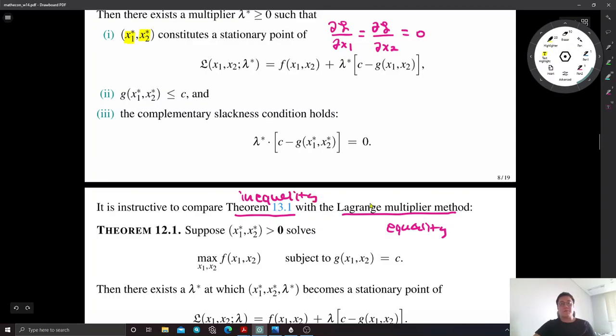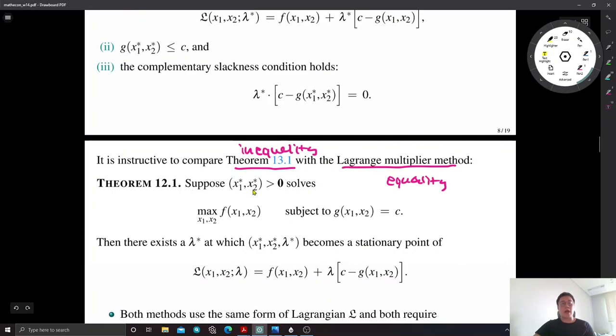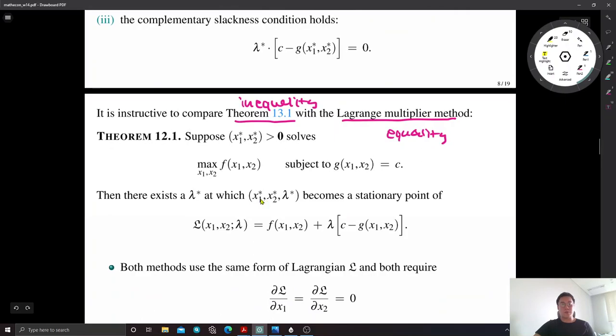The Lagrangian multiplier method states that if x1 star and x2 star are the solution to this constrained optimization with equality, then x1 star, x2 star, and even lambda star become a stationary point of this Lagrangian. That means the partial of the Lagrangian with respect to x1, x2, and even lambda are all equal to 0.